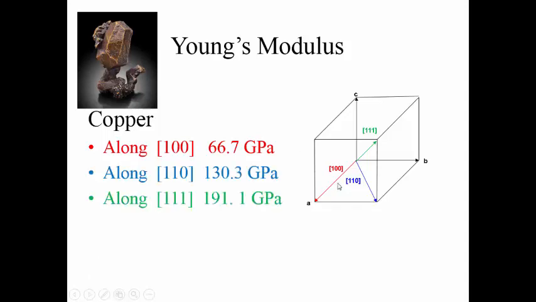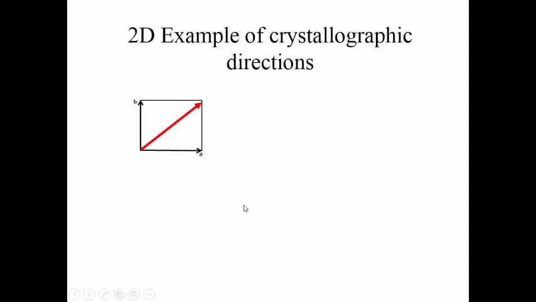If you come along the 100 direction, it more than doubles to 130.3 gigapascals. And if you come along the 111, you're going to get an even bigger Young's modulus, 191.1 gigapascals. So if you're doing very careful single crystal work, it really matters what the direction is.